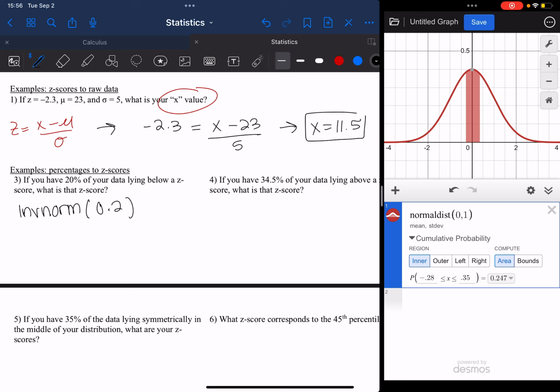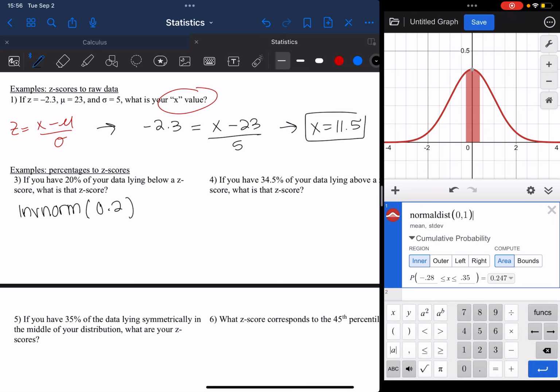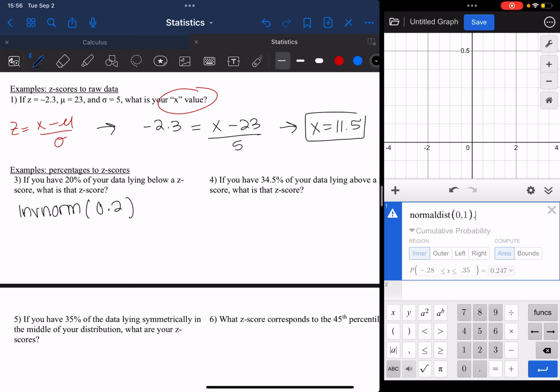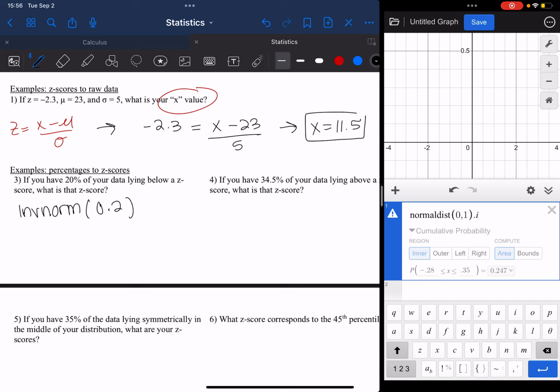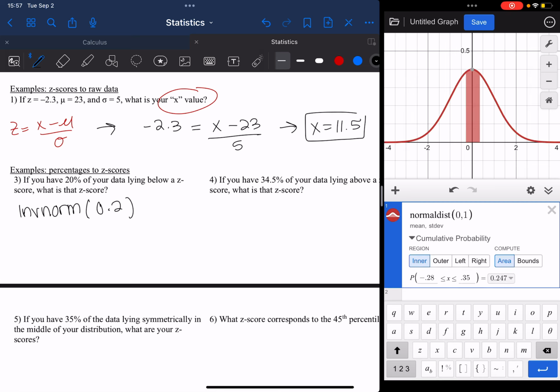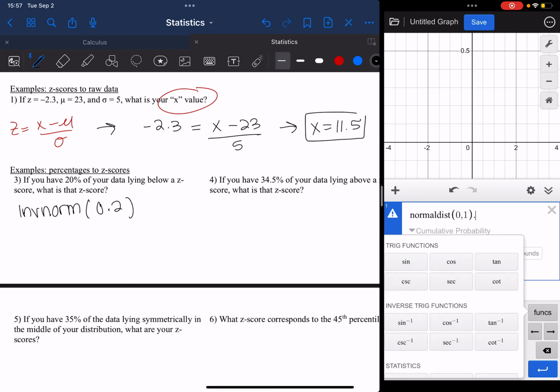So I would go over here, and on my normal distribution of 0, 1, I'm going to do dot, and then go to functions.